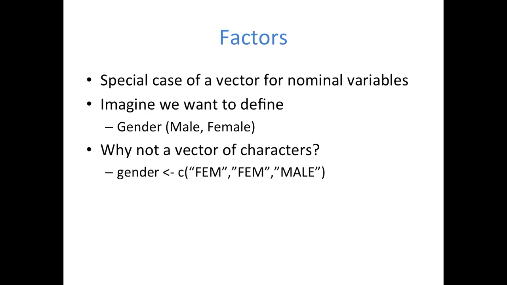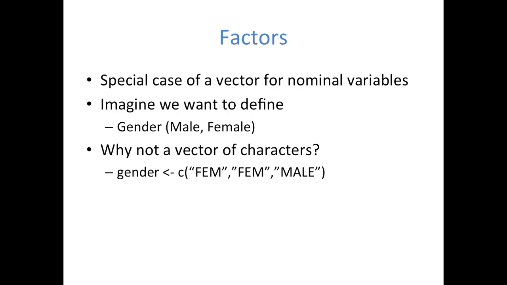There's another type of placeholder data structure in R, which are the factors. Factors are a special case of a vector, but basically for nominal variables. Imagine, for example, that we want to define a variable like gender. I acknowledge that some people do not identify with binary male or female categories, but for this example, I will use only these 2 labels.